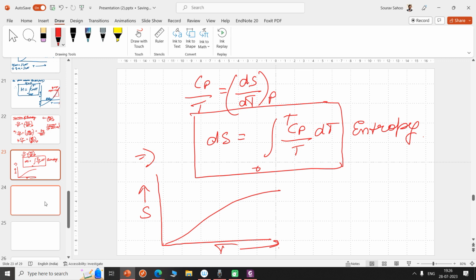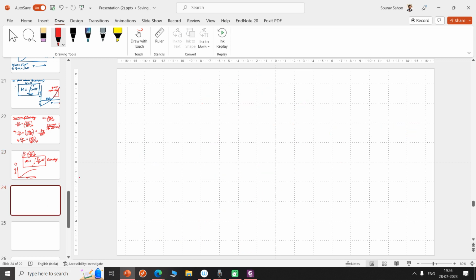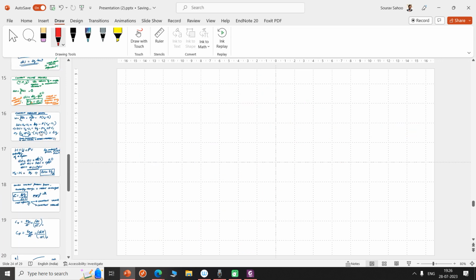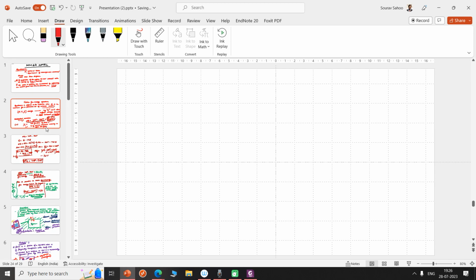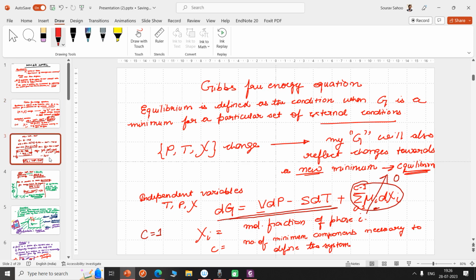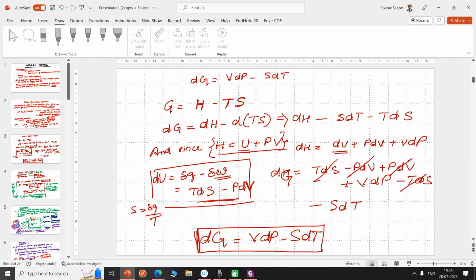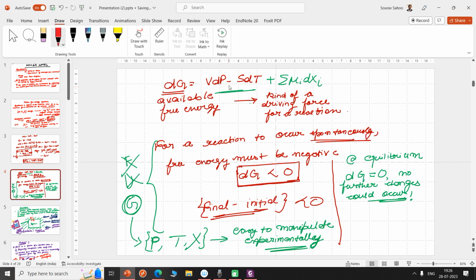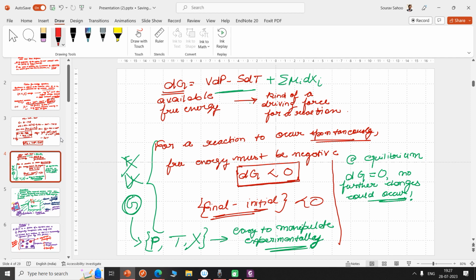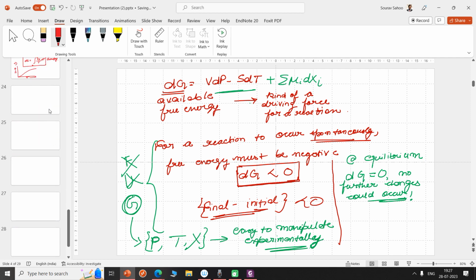Okay, and since in the initial part we have derived a very interesting relation, VdP minus SdT, which is nothing but my free energy, I can just plug in those terms and actually find the value of the free energy from these two graphs, right?